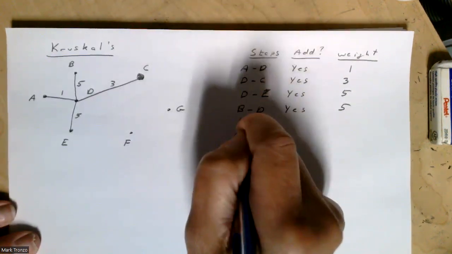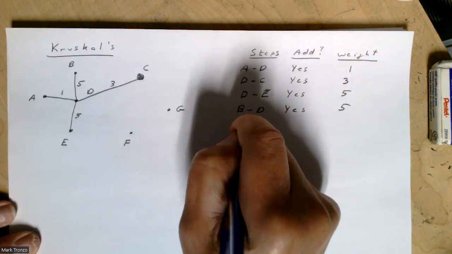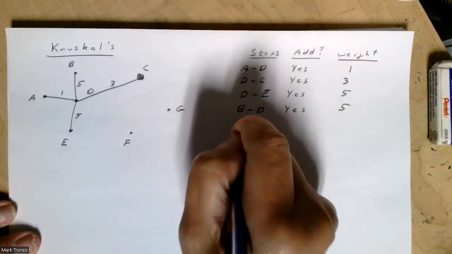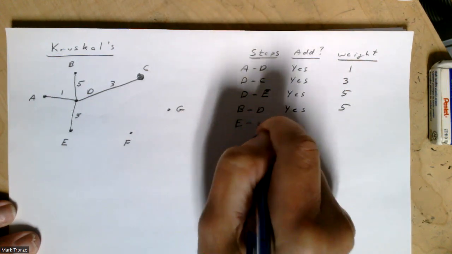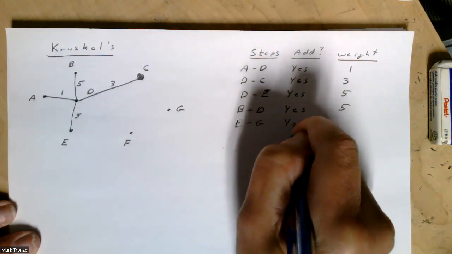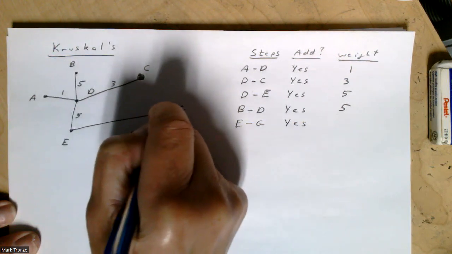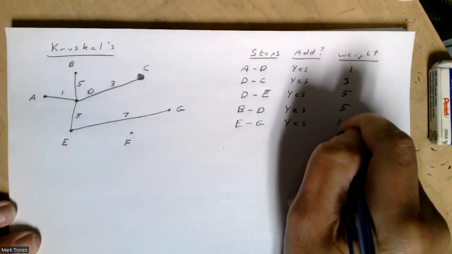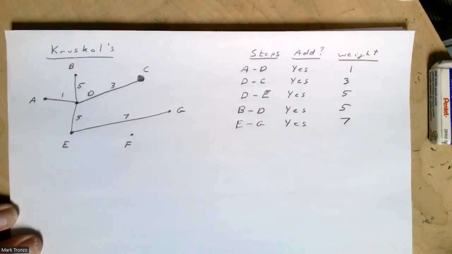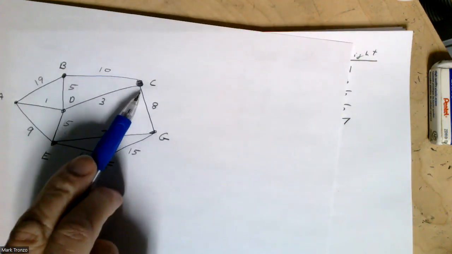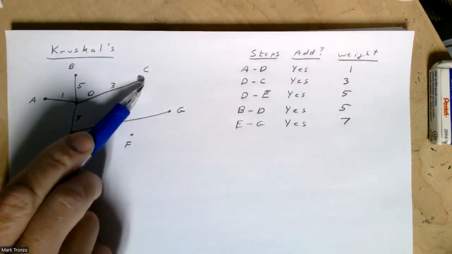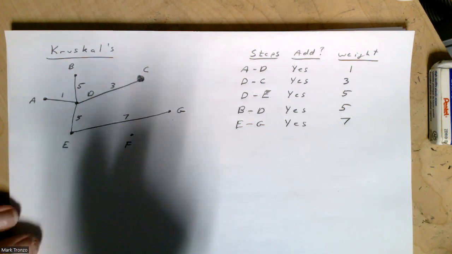Looks like the next one's 7. And now the next one would be this 8 here. But if we put this in, that'll cause a circuit.